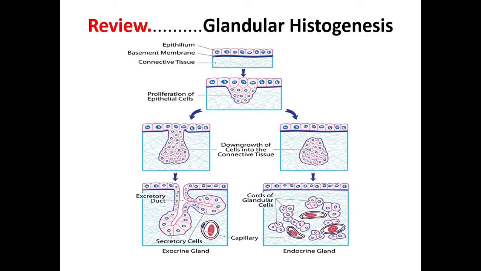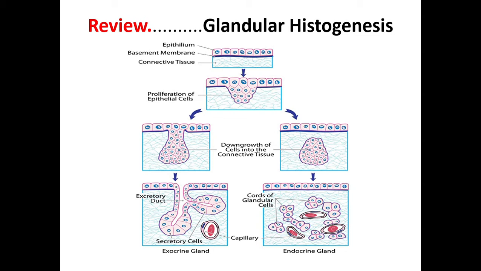So in the 2 types of glands, for the exocrine glands with the excretory duct, the substances that are formed by the gland cells will pass through the passageway or through the excretory duct.